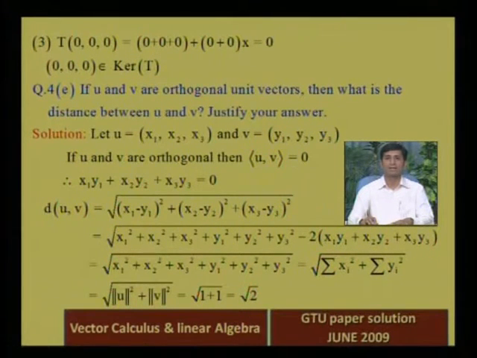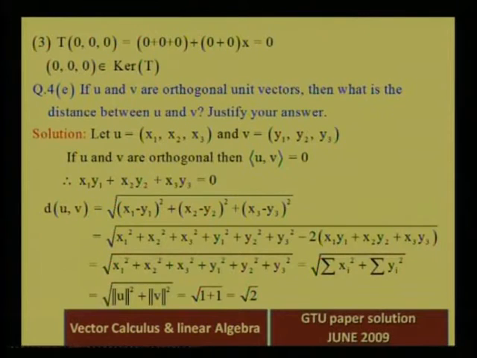So here is the answer of this question: if u and v are orthogonal unit vectors, then the distance between u and v is equal to under root 2, right? So here is the complete solution of this question.